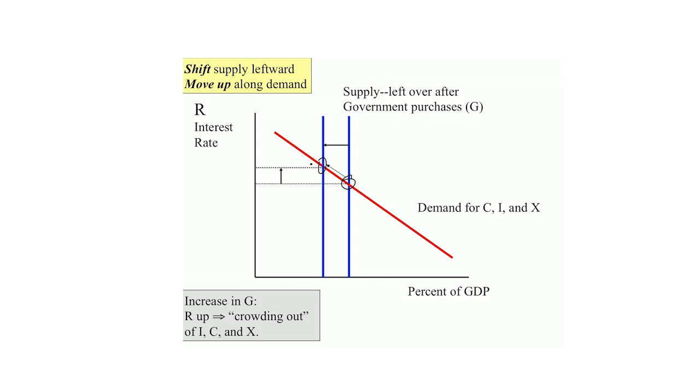That new intersection reflects the fact that there's got to be a higher interest rate. There's a lower amount available for the private sector, so somehow their incentives have to be aligned, and those incentives are aligned by a higher interest rate, which reduces their consumption, net exports, and investment to bring it in line with the available funds after the government share has been determined.